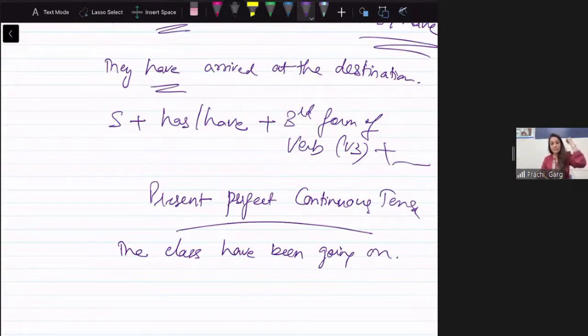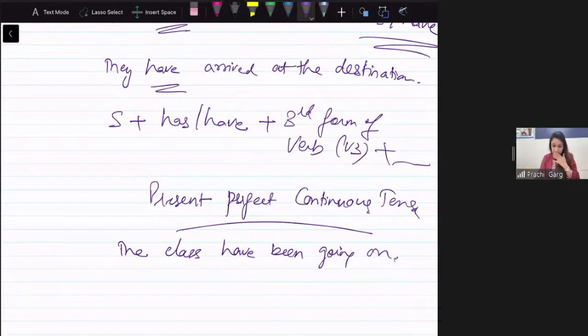For example, this class started 1 hour ago, but it is still in progress. It is not finished yet. So I am talking about an action that started in the past and is going on up till now. We are not sure if it is over or not, but maybe this action is still going on.